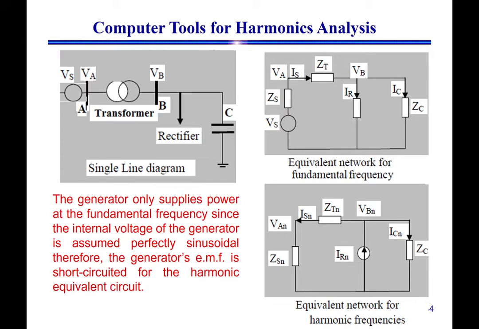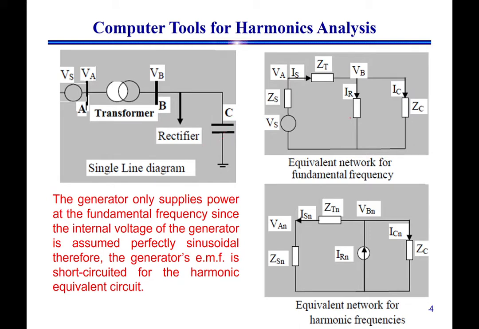Now, how can we model the harmonic, or how can we do the harmonic analysis? Let us look at this example. So over here we have a power source, and then we have a transformer. Then on bus B we have a rectifier, which is a source of harmonic, and we have also a capacitor bank.